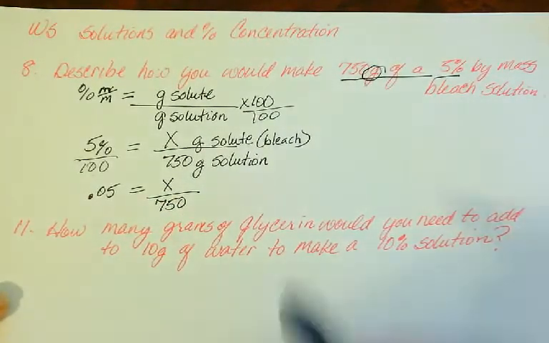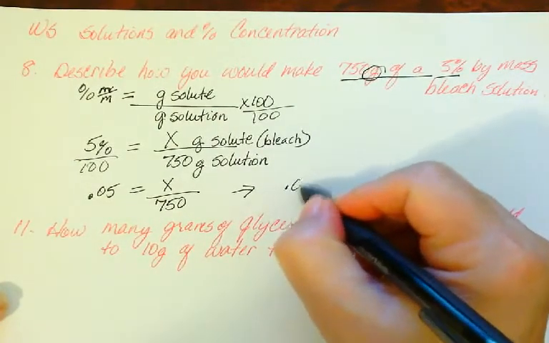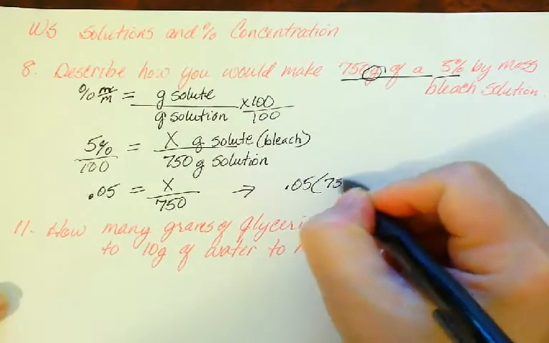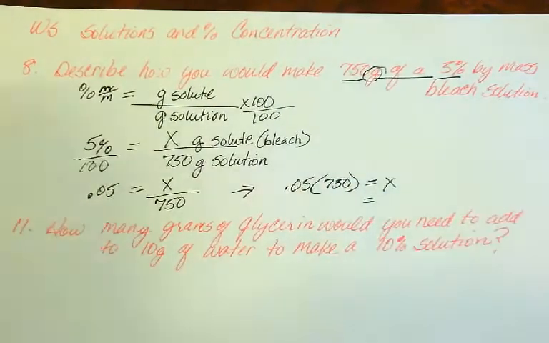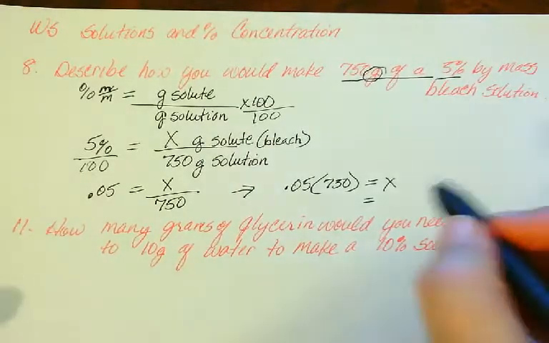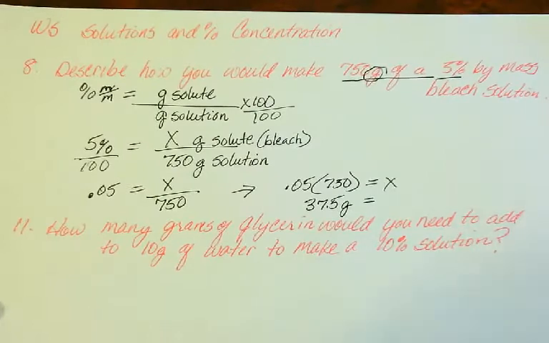Now I just need to cross multiply. 0.05 times 750 is equal to X, and that means X is equal to 37.5 grams. At this point I'm not terribly worried about significant figures.